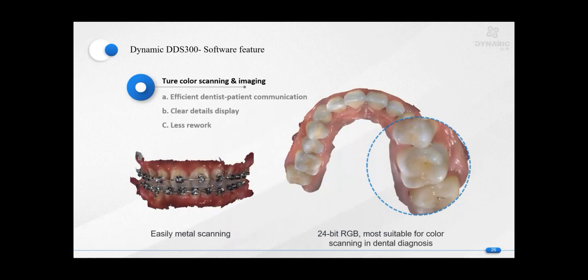If we have used other brands of intraoral scanner, we will find a problem. Many times, sometimes the metal parts in the patient's mouth cannot be completely scanned or even cannot be scanned. The DDS300 can solve the problem easily and completely.